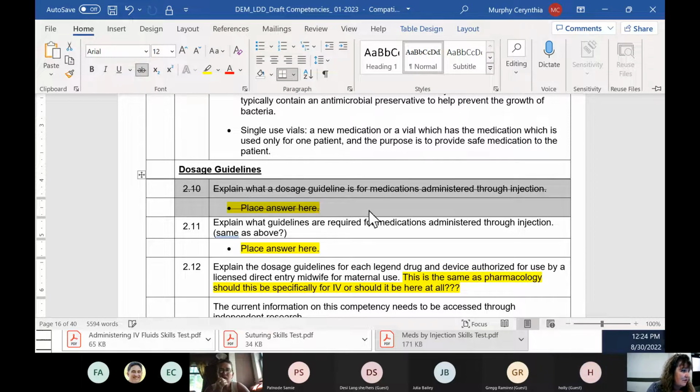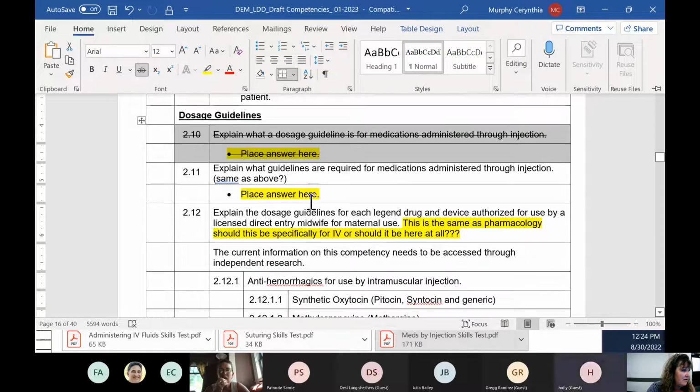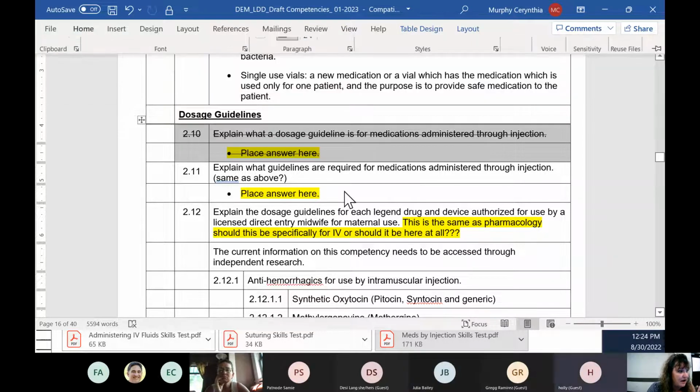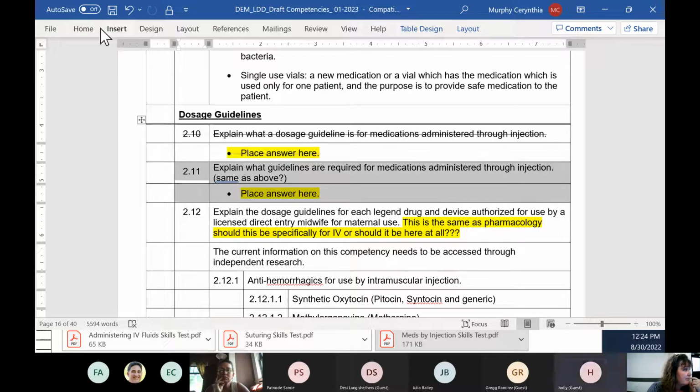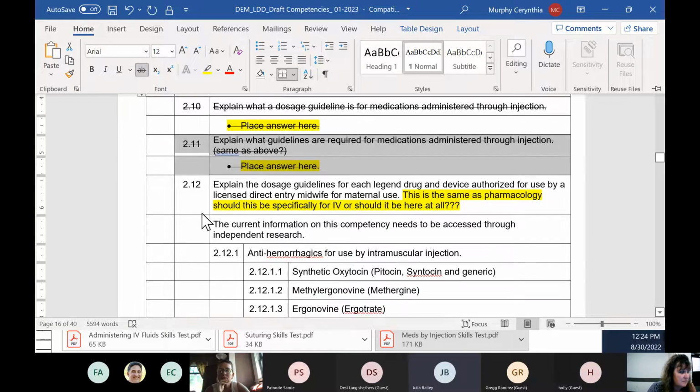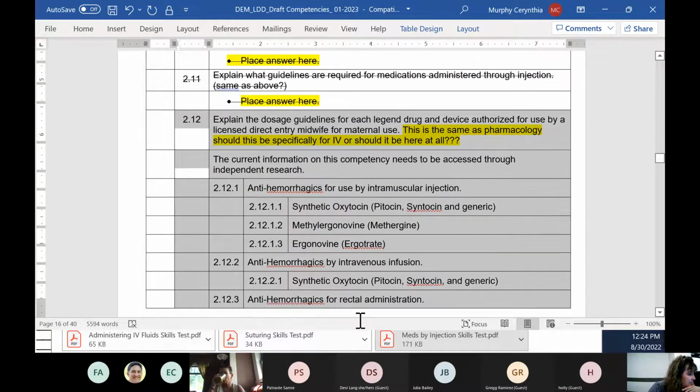So we will take out the dosage guidelines here. And same with 2.11, explain what the guidelines are for injection. Yeah, go away. And since we already did this up there, 2.12 we'll take away.